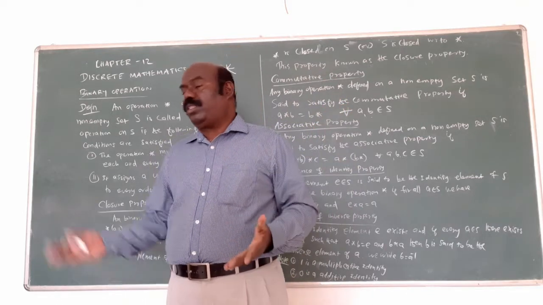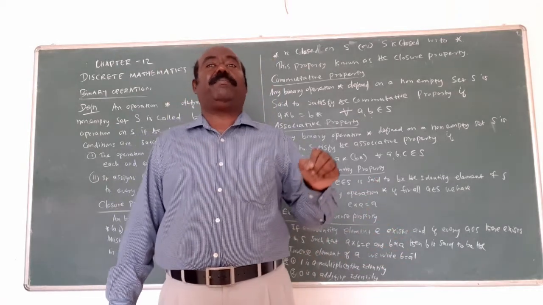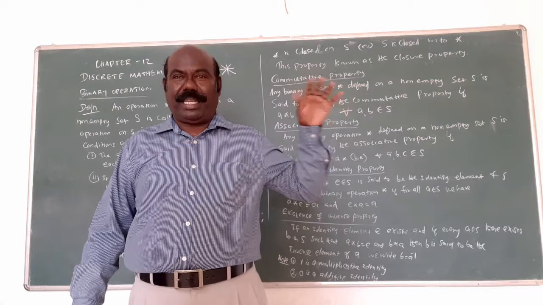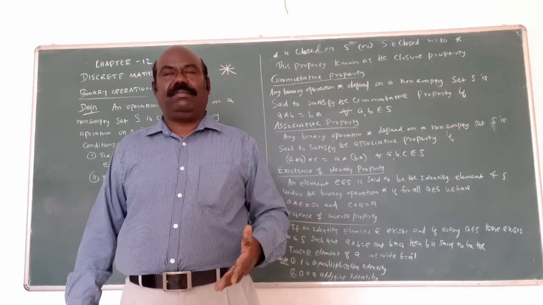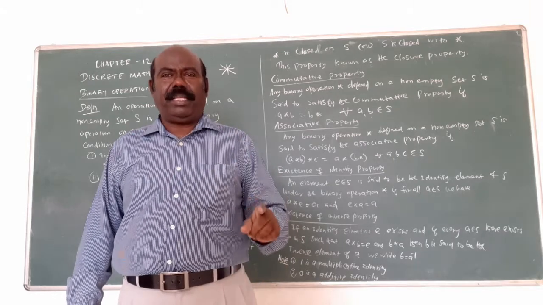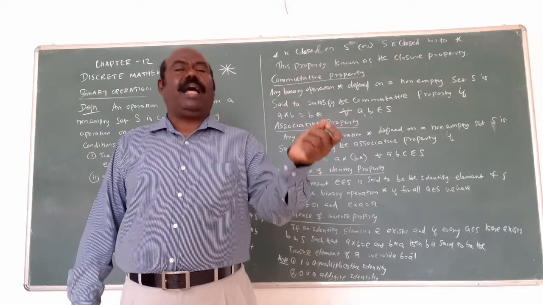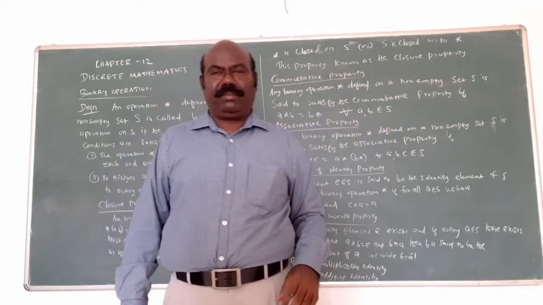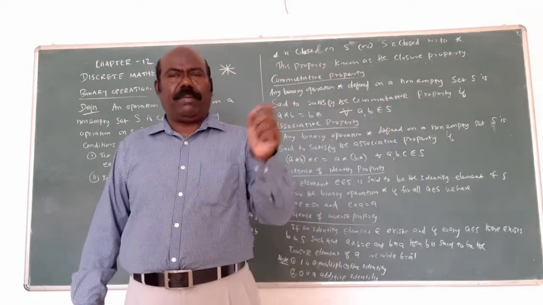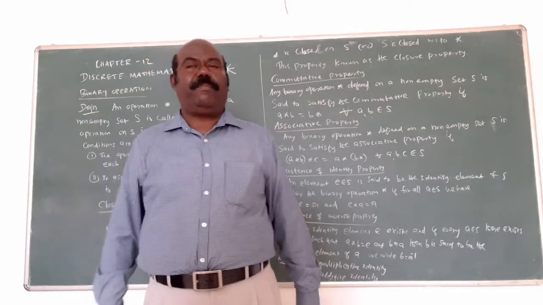The question may ask for 4 properties, 3 properties, or all 5. Depending upon the question, you put the heading and find them one by one. This is a property, this is a rule, this is a definition. Mind it. Closure means you take 2 elements, operate on them, and the answer also belongs to the given set. Commutative means you take 2 elements, and the first star second will be equal to the second star first.